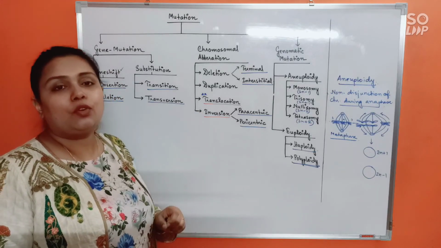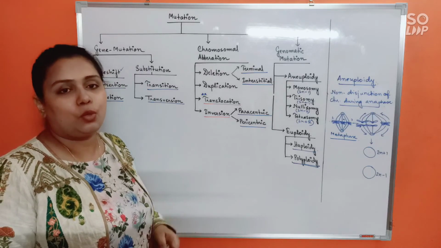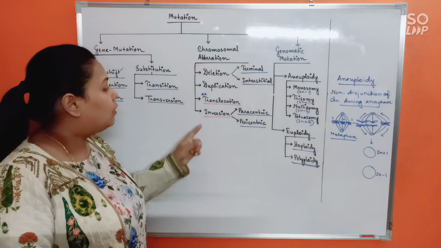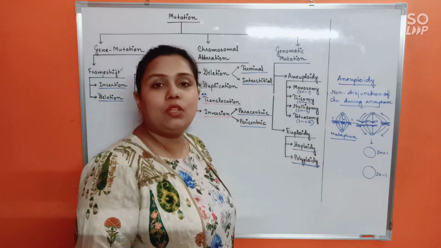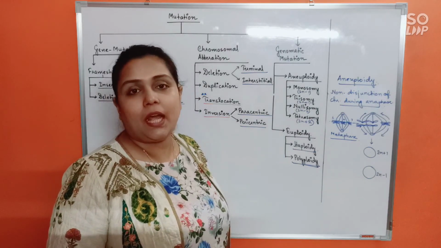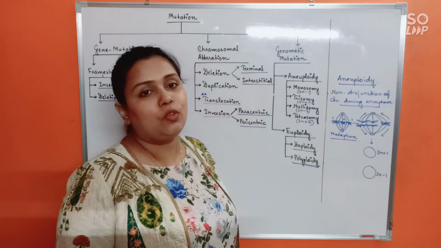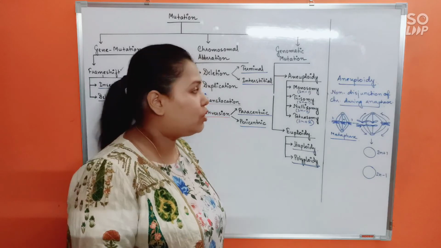And if a part of the chromosome undergoes a 180-degree rotation, so that the section is inverted in its sequence, we call it inversion. For genomic mutation, the whole number of chromosomes, or a whole set of chromosomes, will be either added or lost.